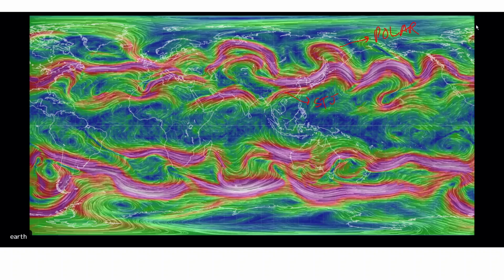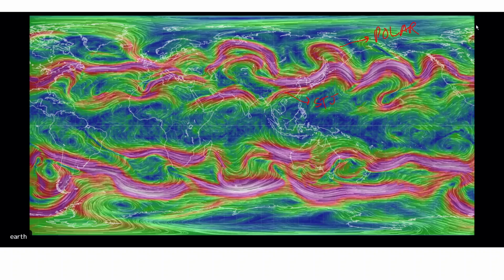This happens because the northern hemisphere has a lot of land mass or continental portion, and the variation in the specific heat capacity of the land and oceans causes a steep temperature gradient.